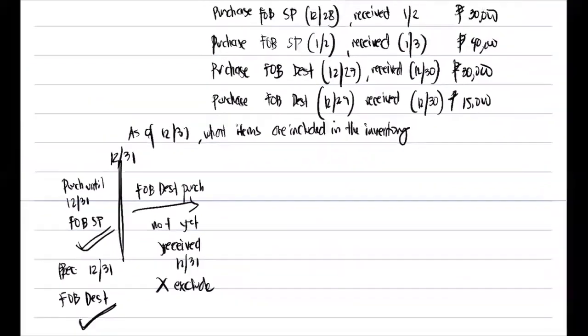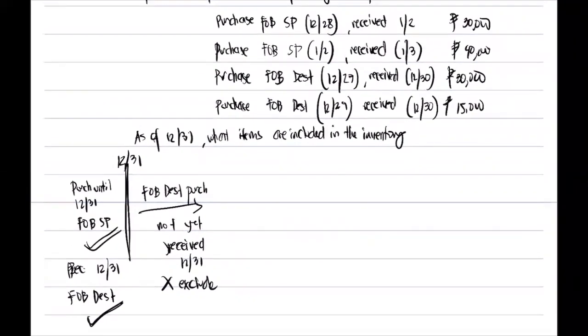Okay, so we look here. Purchase FOB shipping point, made before December 31. So your cutoff is December 31, include. Next, FOB shipping point, purchase January 2. Take note, our cutoff is December 31, so only those purchases until December 31. This is January 2, do not include. Next, FOB destination. What is our rule on FOB destination? It must be received by December 31. If it is not yet received by December 31, it is excluded.